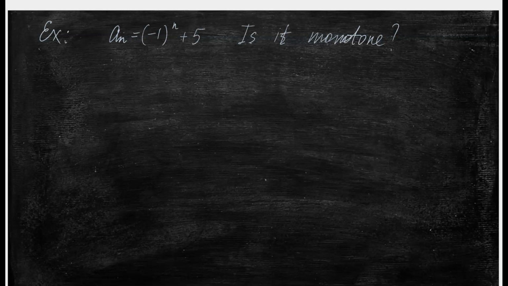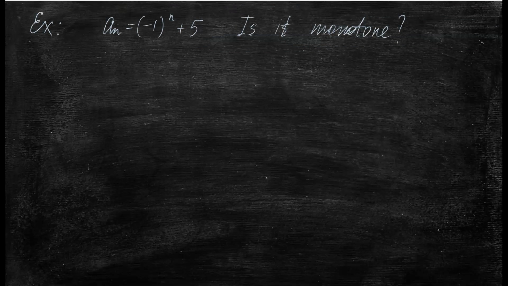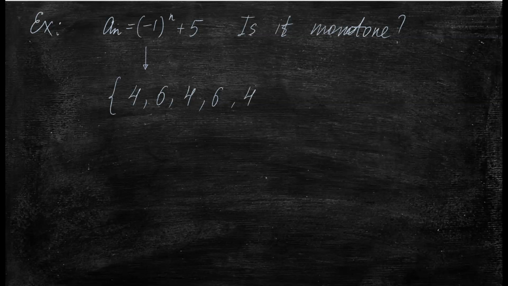So in this case, we can investigate this sequence, and first we would maybe try to write some of the terms. The first term will be 4, the second term will be 6, and you can see how it's just going to be bouncing between 4 and 6. So when you see such behavior, then the answer is no, it's not monotone or monotonic.